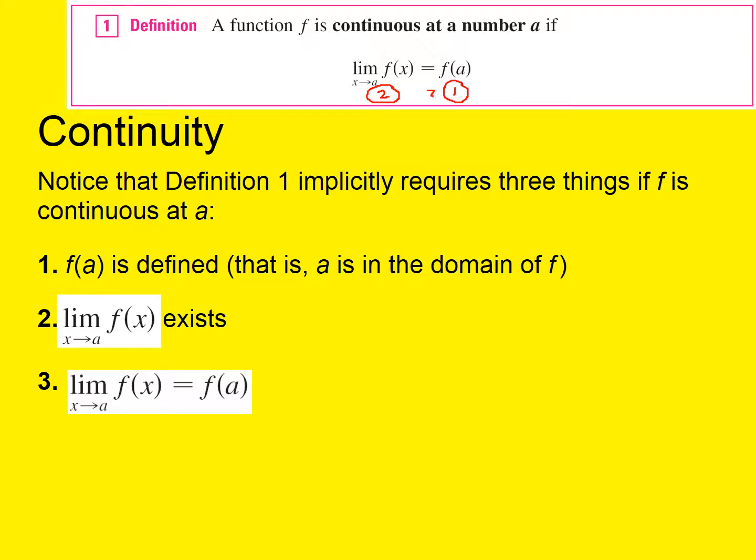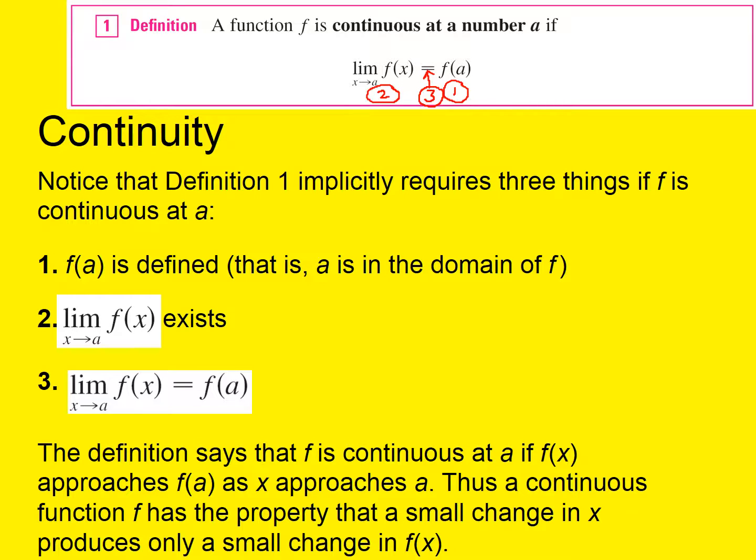So you've got three things in this equation: a left-hand side, an equal sign, and a right-hand side, and they all have to work. They all have to make sense. So remember that little equation, and you've got everything you need to know about continuity at a number.